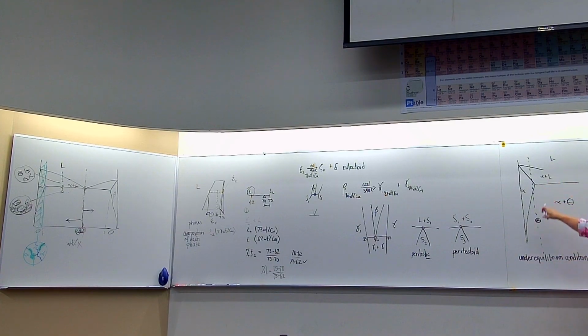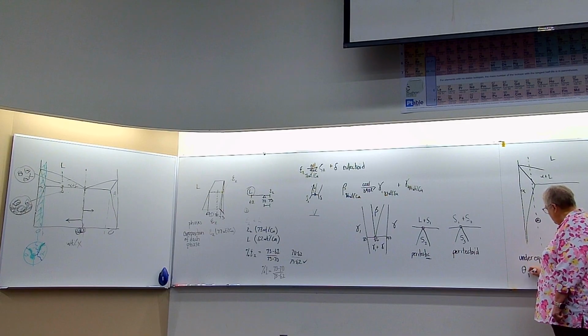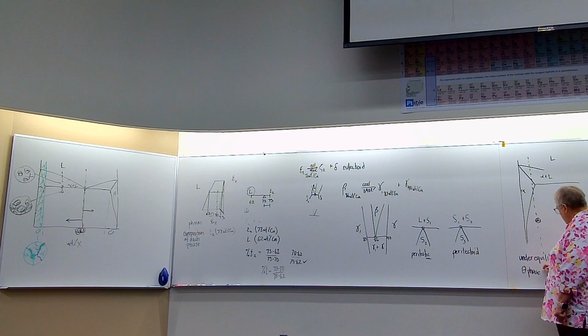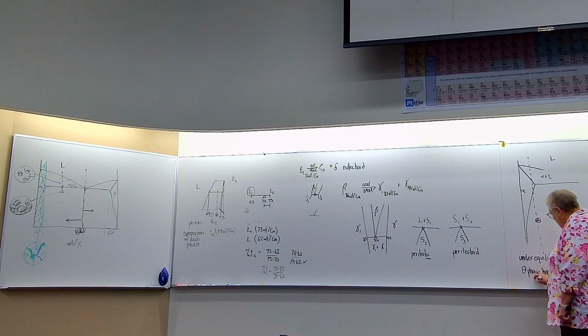If I cool slowly to that point, I have theta phase that has precipitated at the alpha grain boundary.